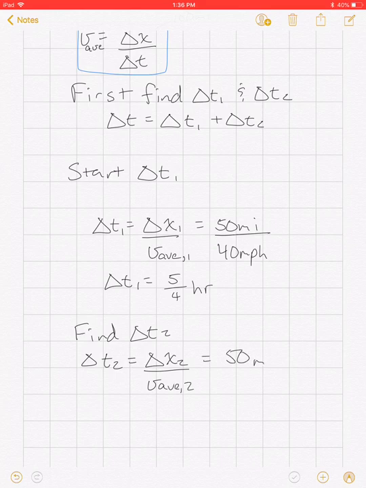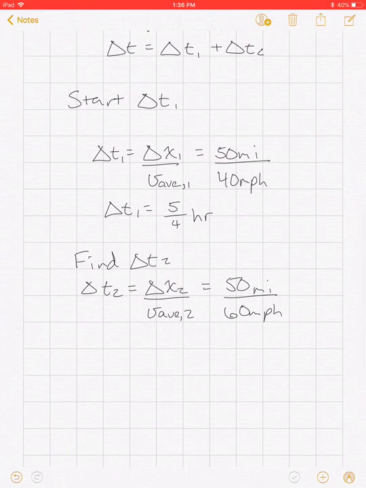So again, that's 50 miles over 60 miles per hour, which basically means that our time there is going to be 5/6 of an hour.